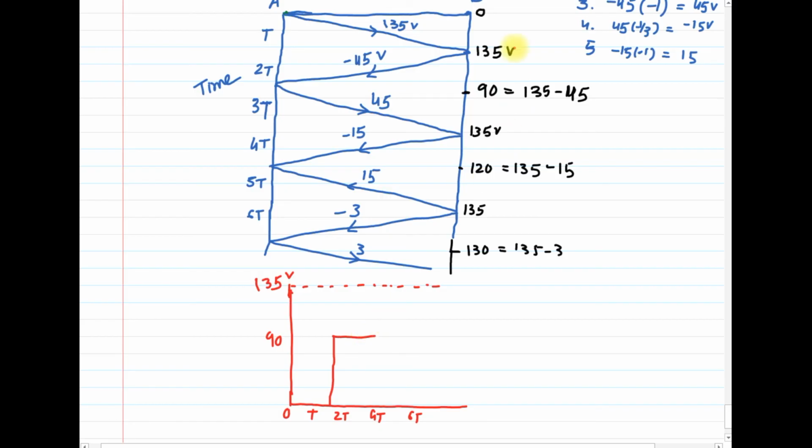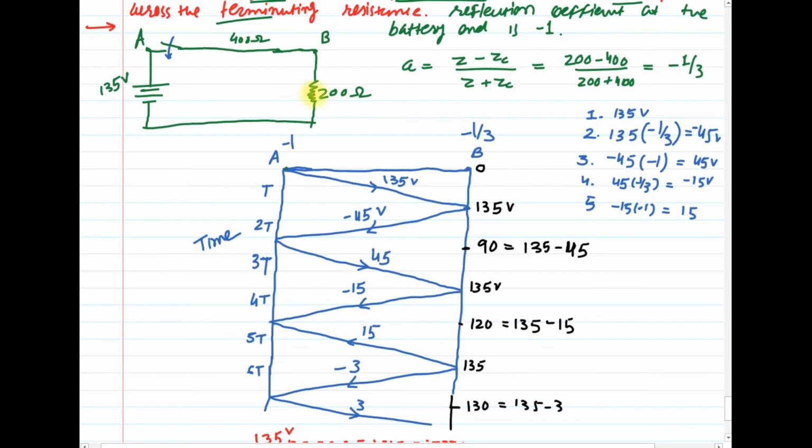Then after some time it will reach 120, then after some time it will reach 130, then after that it will reach close to 135 volt. Clear? So this is the time versus voltage graph which shows the voltage across these terminating resistance.